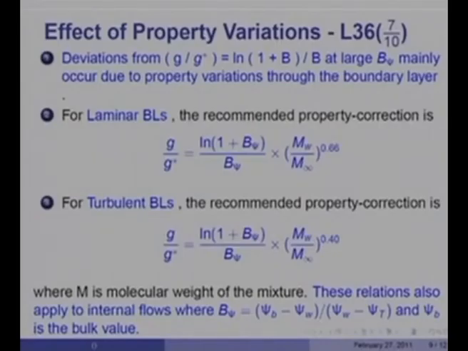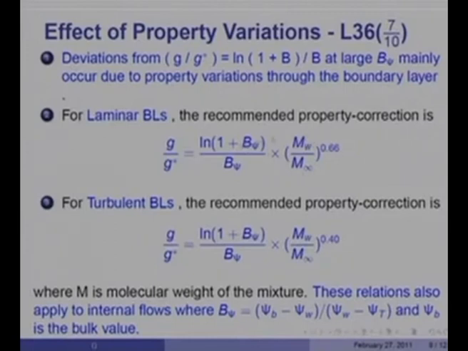In laminar boundary layers, one could easily write G over G star equal to ln 1 plus B w by B psi multiplied by molecular weight of the mixture in the w state divided by molecular weight of the mixture in the infinity state raised to 0.66. This correction is derived from numerical solution of the complete differential equations for large B and allowing for molecular property variations.